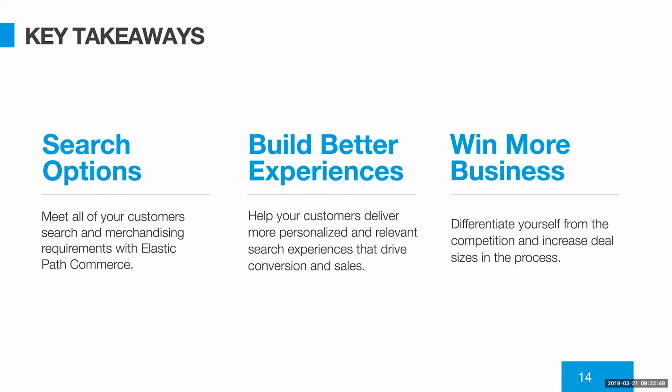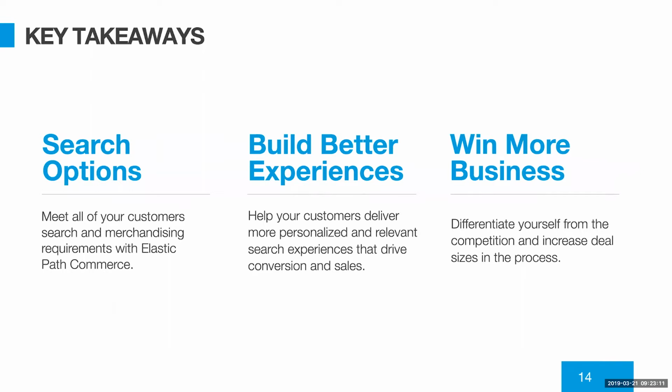In summary, the key takeaways for our partners are you now have access to multiple search offerings within Elastic Path Commerce, the core search capability, as well as the intelligent search capability, which gives you the best-in-class capabilities for searching and merchandising to meet all of your customers' needs.